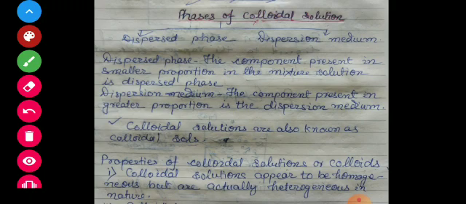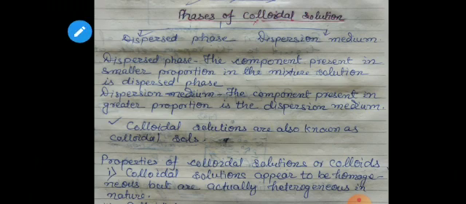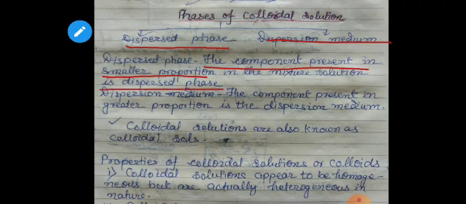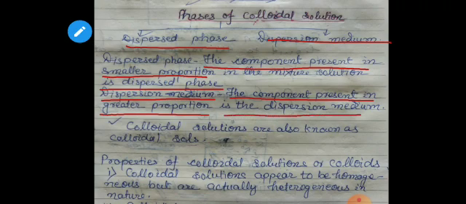So in this way we have seen this, and after this we will discuss the different phases of colloidal solution. We have already mentioned the dispersed phase and the dispersion medium, so we should understand what they are. First, the dispersed phase: in a colloidal solution, the component present in a smaller proportion is the dispersed phase, whereas the component present in greater proportion is known as the dispersion medium.